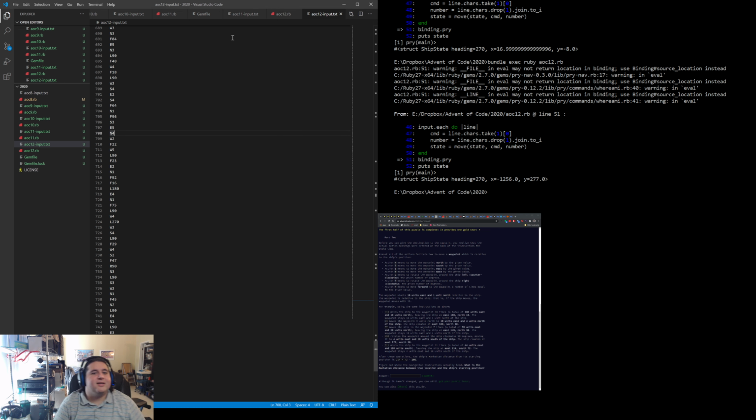What the hell? Alright. So imagine you have a drone and your ship. And the drone is moving north, south, east, west precisely on the NSEW commands. L and R mean rotate the waypoint around the ship left or right, counterclockwise or clockwise, a given number of degrees.